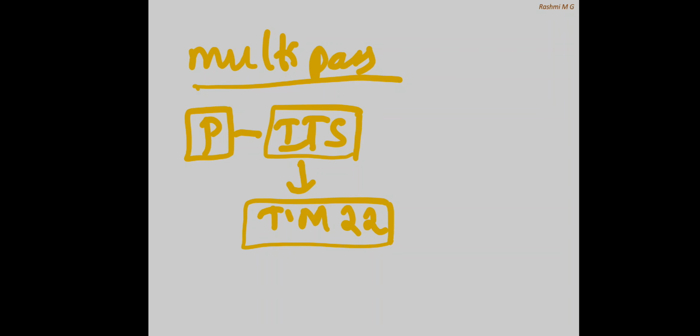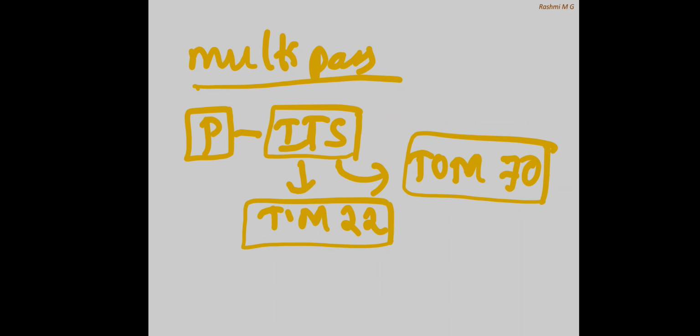Before getting into the TIM22 complex, the ITS or the internal target sequence is recognized by the TOM70 receptor. After that, it moves to the TIM22 complex.